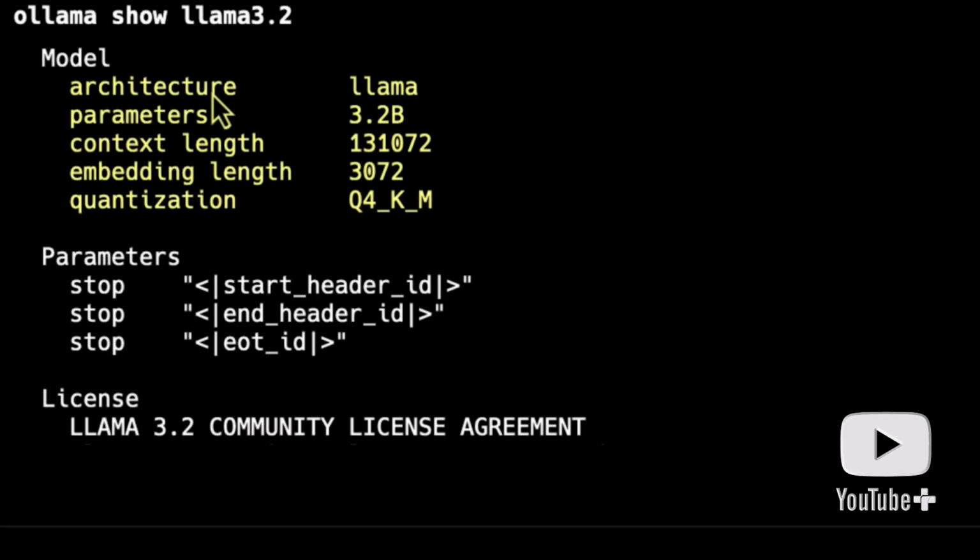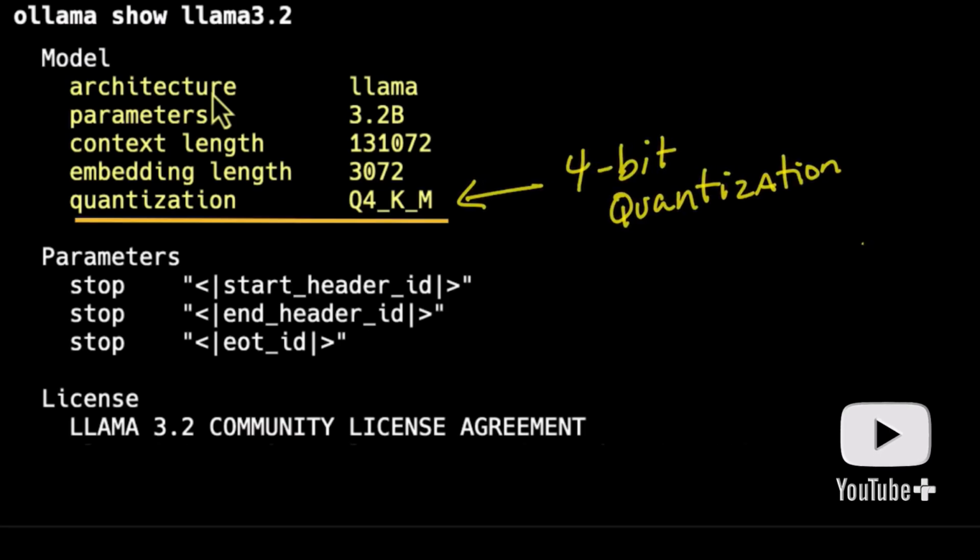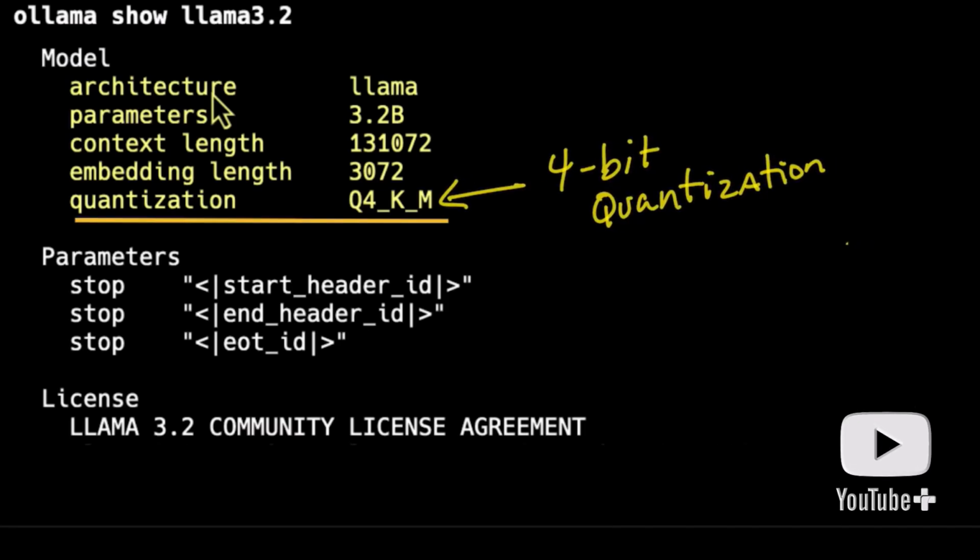So you may ask, what is this quantization Q4_K_M? Basically, this is a specific method that is used to reduce the memory and computational requirements for large language models. They represent their weights in lower precision, specifically in this case, 4-bit quantization.